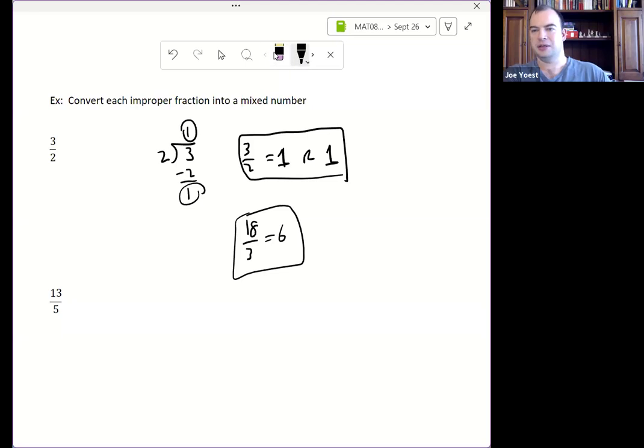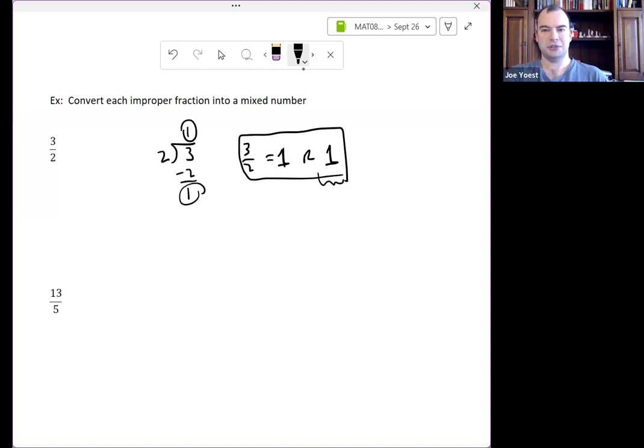Let's get rid of the 18 thirds. That has nothing to do with this other than just showing that the notation for a fraction is just the same notation for doing the division problem. So 3 halves is 1 with a remainder of 1. But really, this remainder of 1 is telling us how many halves are left over that weren't able to be put together into a whole.